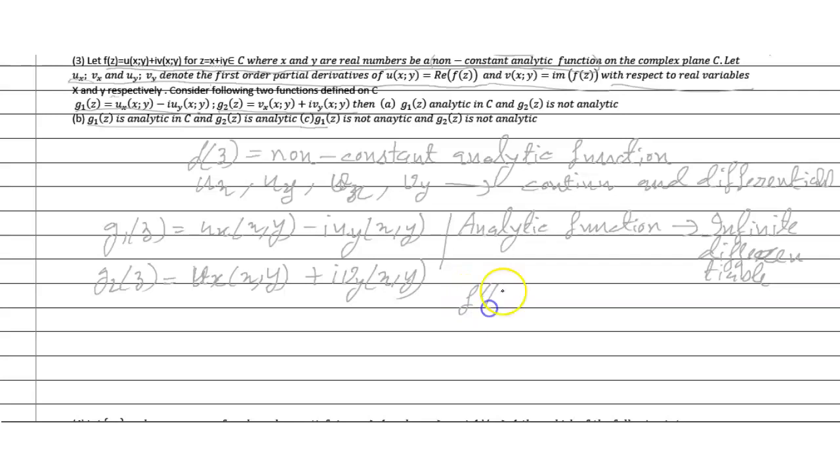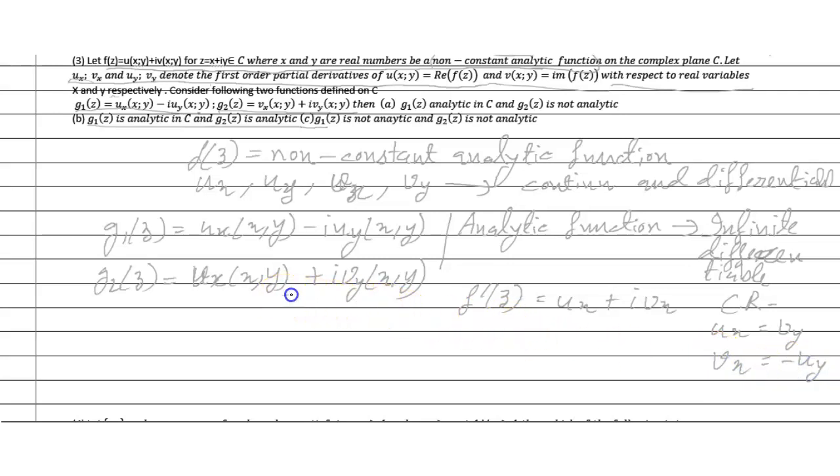So f dash z is also u_x plus i v_x by the CR equations. What are the CR equations, friends? u_x is equal to v_y and v_x is equal to minus u_y.